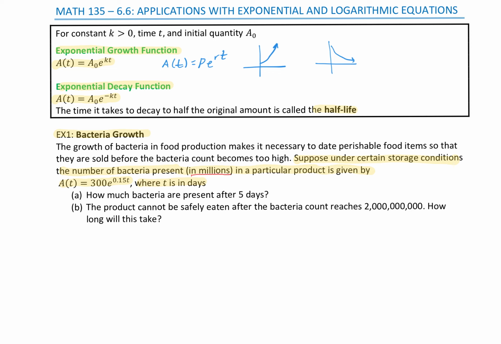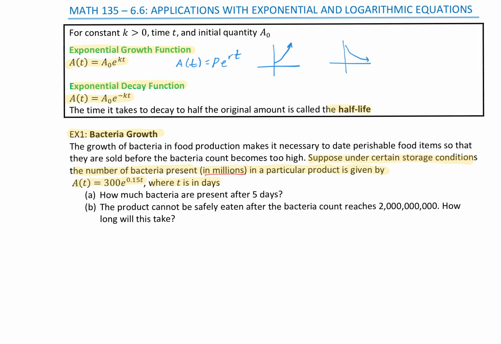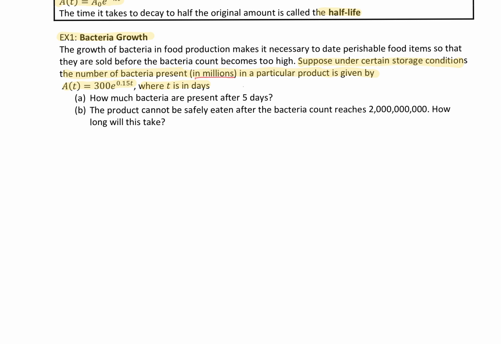And with these word problems, you just have to be careful with units. Part A says, how much bacteria are present after 5 days? So all we have to do is replace t in our formula with 5. And if I replace t with 5, I have the amount after 5 days. So A of 5 is equal to 300 e to the 0.15 times 5.